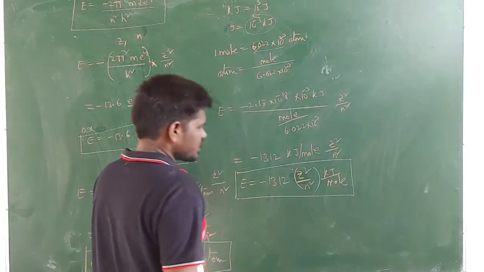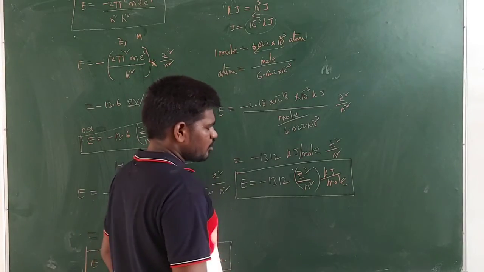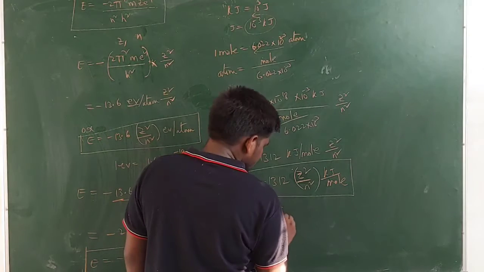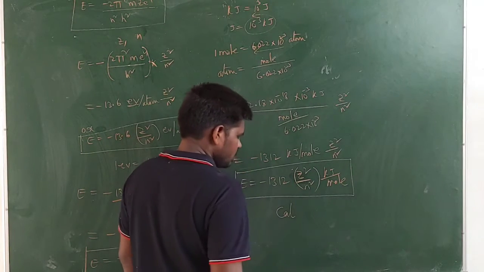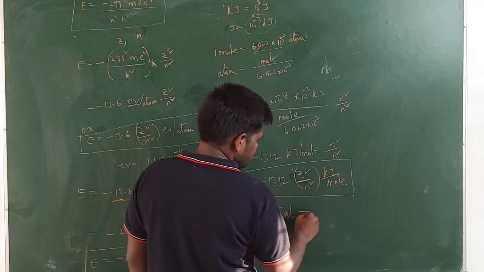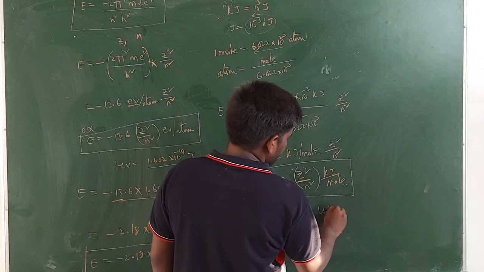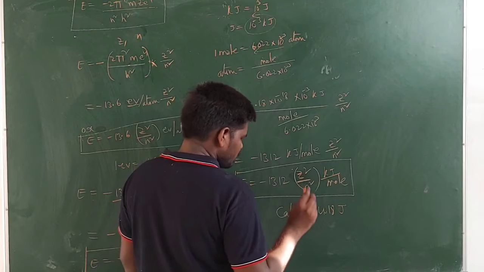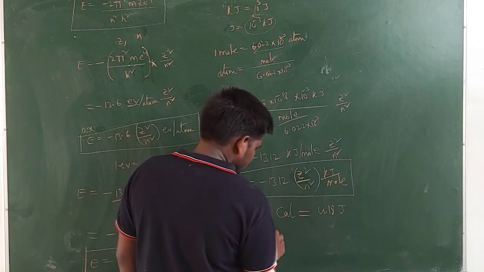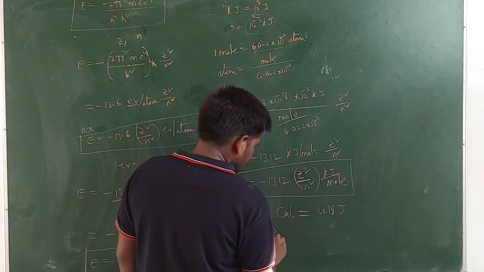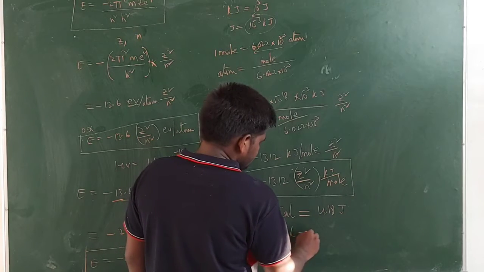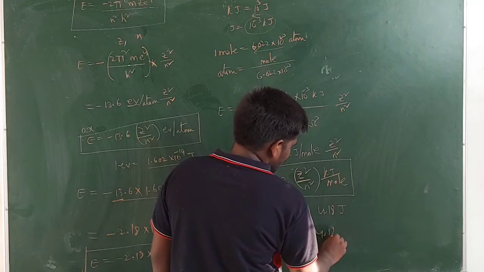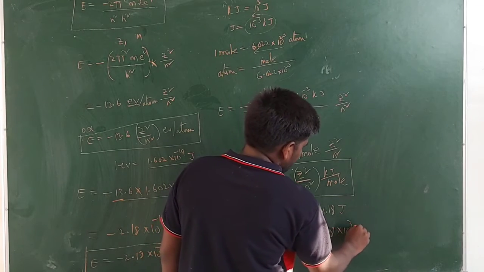Okay, next let us try to express the energy of electron in kilocalorie per mole. So now first let me write the relation between calories and joules. 1 calorie is equal to 4.18 joules. Now you multiply both sides with 10 cube. So now 10 cube calories is equal to 4.18 into 10 cube joules.